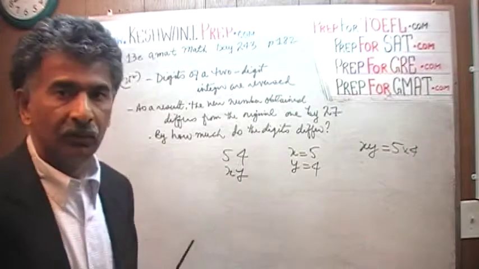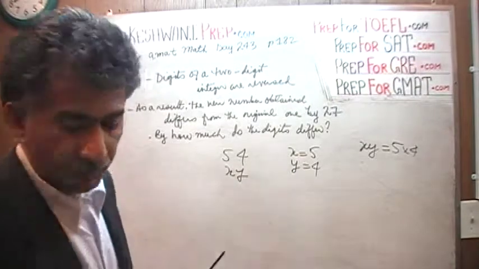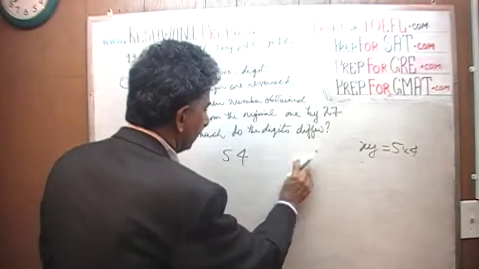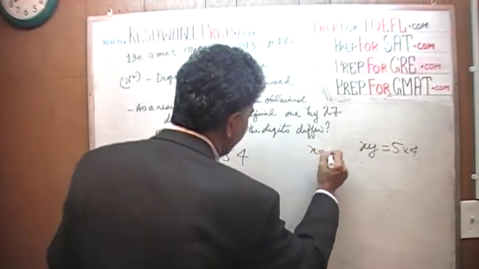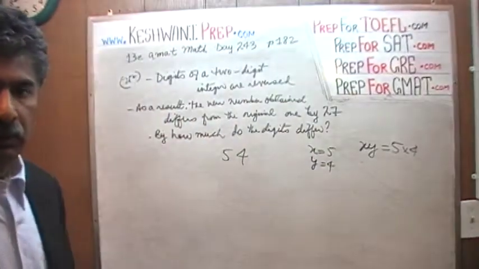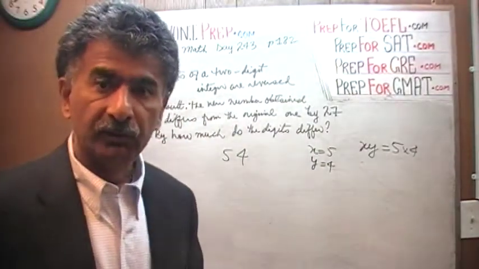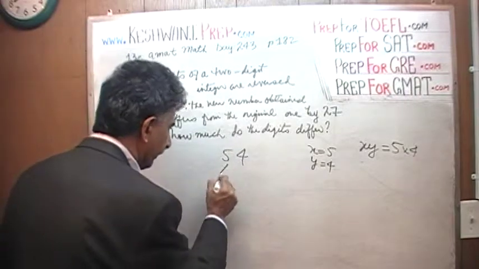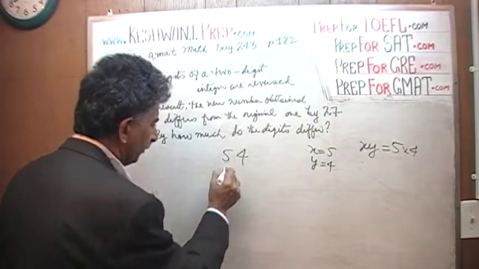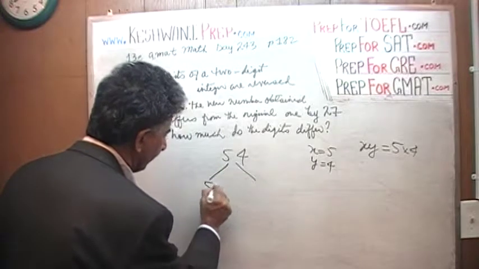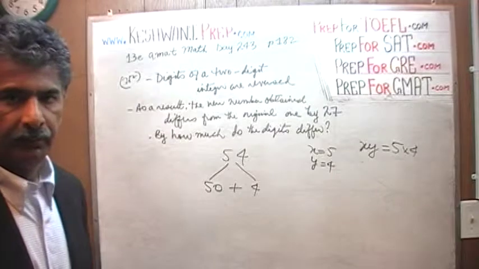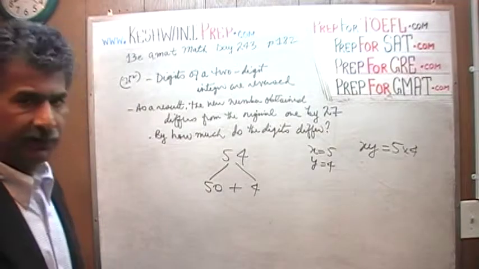To express 54 in the language of algebra, we have to write it like this. X equals 5, y equals 4. 54 is so called because it is made up of 50 and a 4.